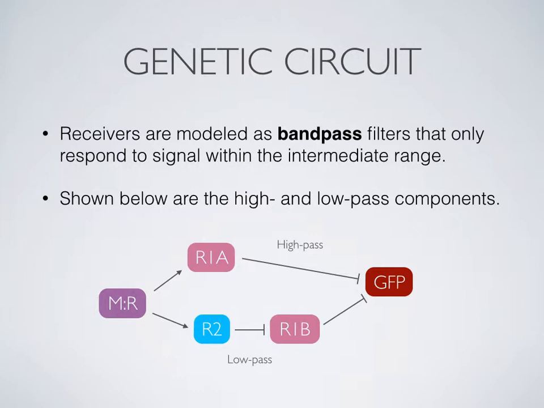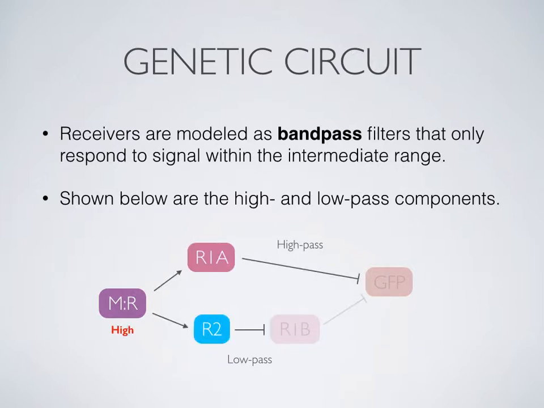MR drives the production of R1A and R2, R2 represses R1B, and both R1A and R1B repress GFP. The top part of this circuit is what we'll call the high-pass component of the bandpass filter, and the bottom part is the low-pass component. That's because if the signal is low, it will not drive the production of R1A or R2, and therefore R1B will repress GFP.